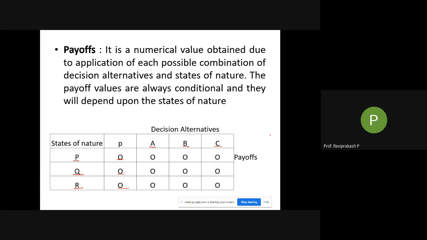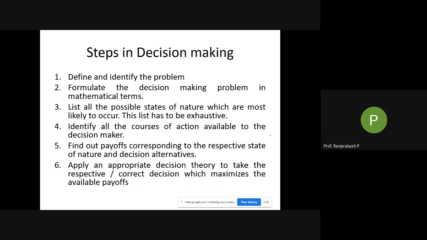I'll go ahead. So, steps in decision making, take down this. I'll first dictate all of this, then I'll explain what it is. Steps in decision making. First one, define and identify the problem.